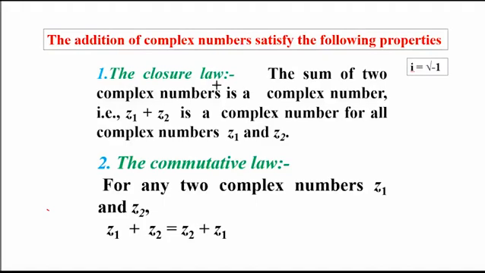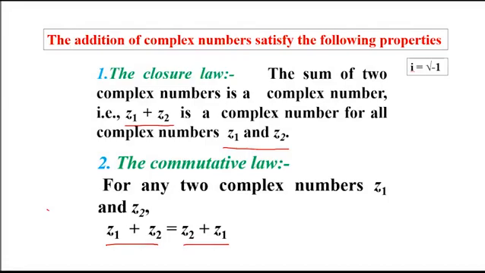What is that closure law? The sum of any two complex numbers is a complex number. That means z1 plus z2 is a complex number for all complex numbers z1 and z2. Similarly, the commutative law must be true. For any two complex numbers z1 and z2, z1 plus z2 is equal to z2 plus z1, just like a plus b is equal to b plus a under addition.